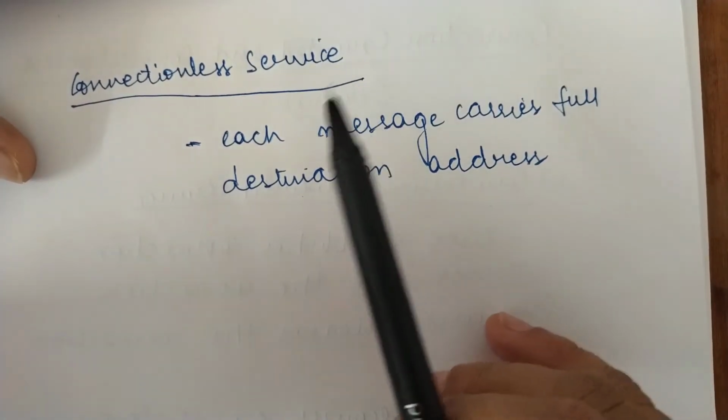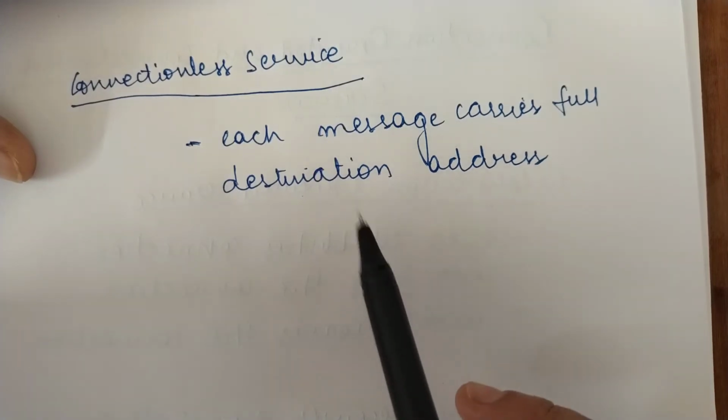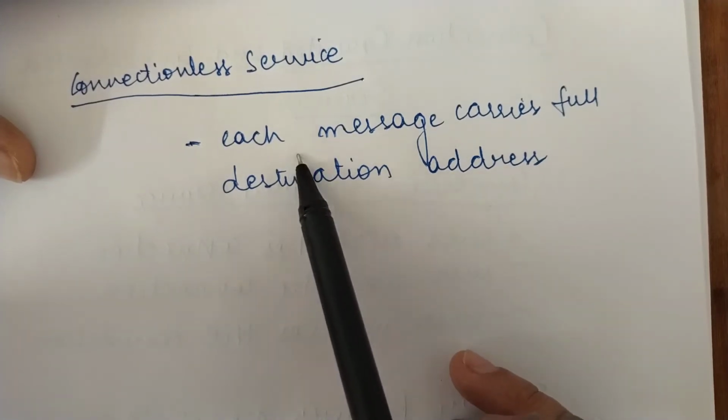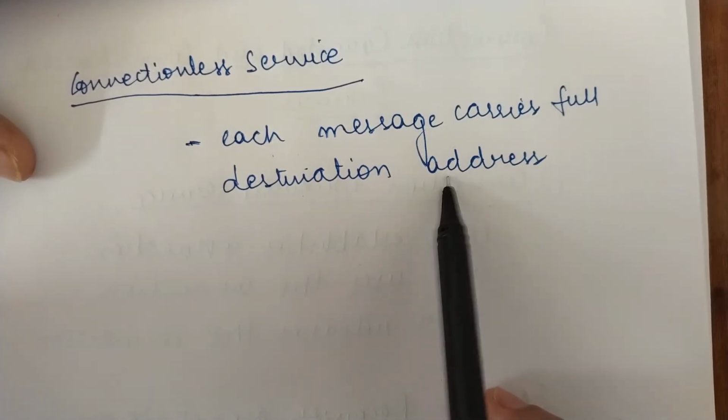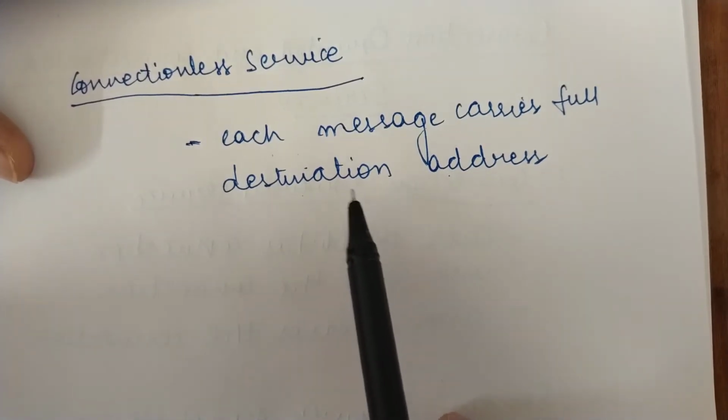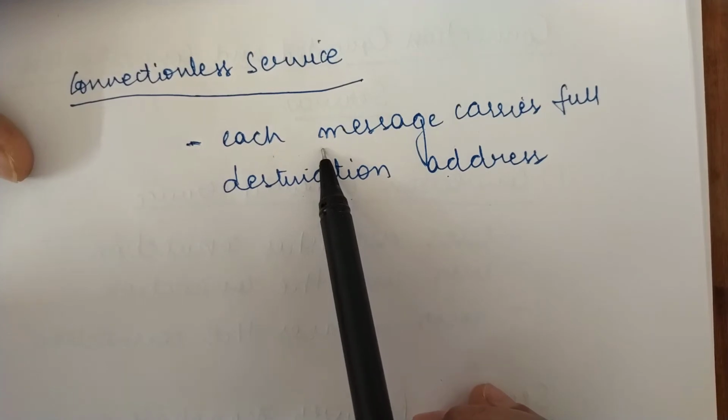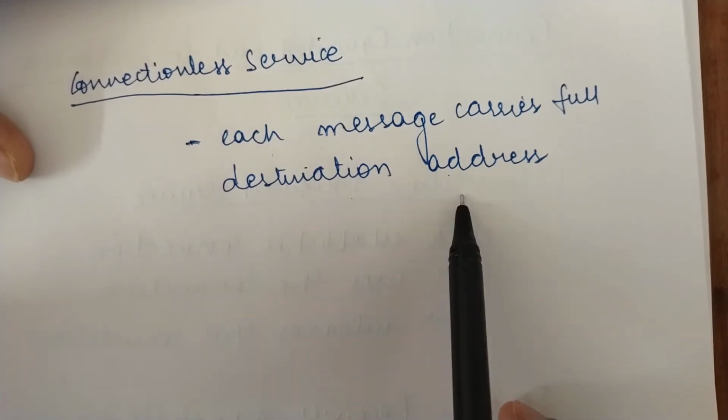So there is no connection specifically set up for the sender and receiver. Therefore, each message carries the full destination address, so that it is easy to identify which particular destination this message is meant for.